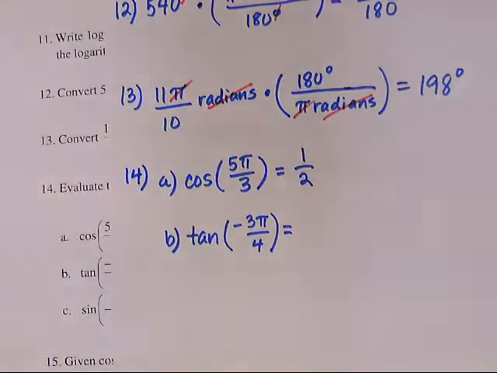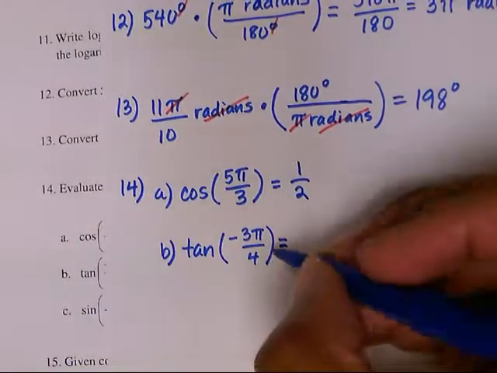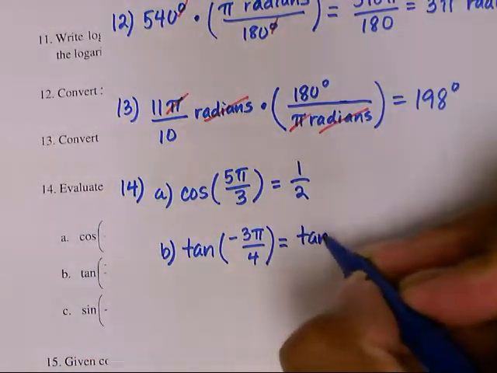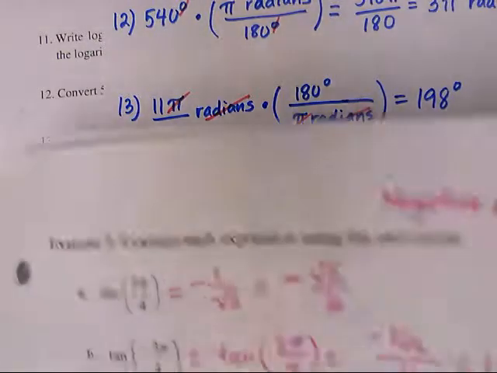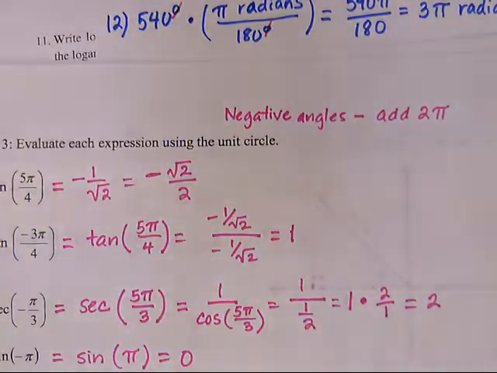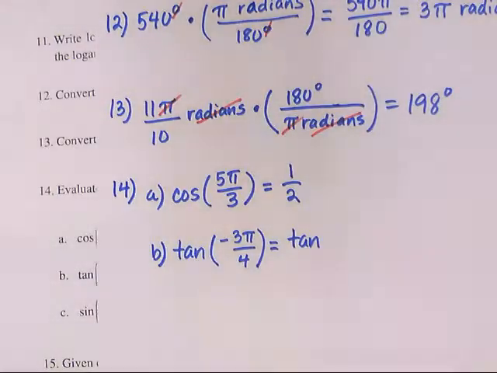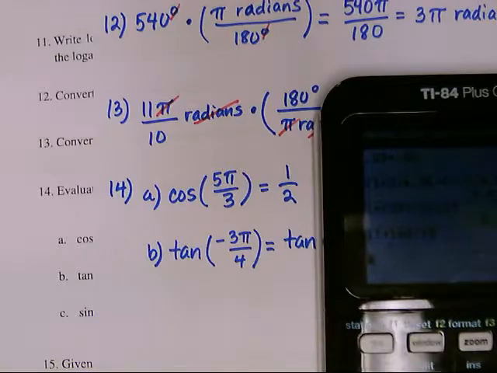Okay, now I don't like to use negative angles here. I like to use positive angles here. So anytime you have a negative angle, I think I gave you a suggestion for doing problems that have negative angles in them. If you have a negative angle, you're going to add 2 pi to it. So I'm going to add negative 3/4 to 2 pi.